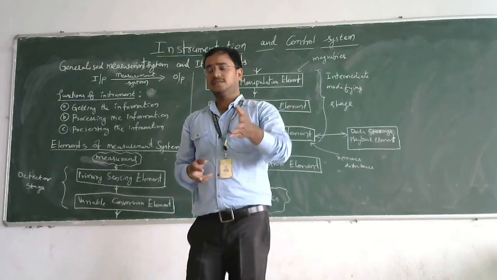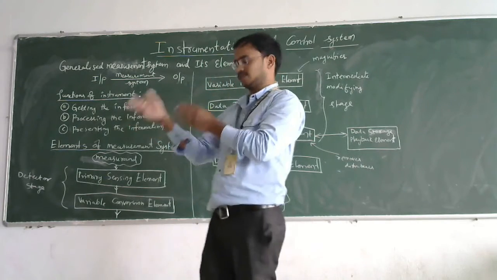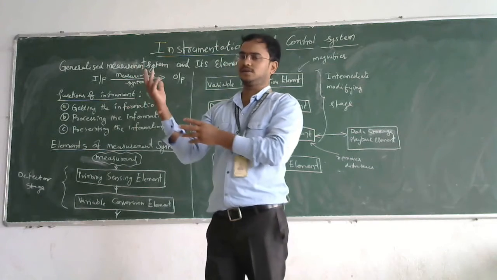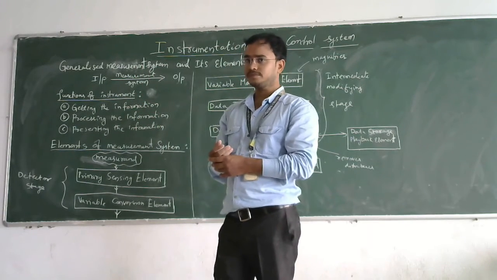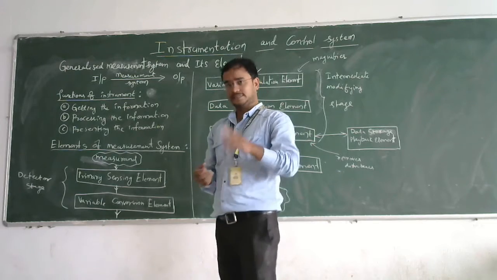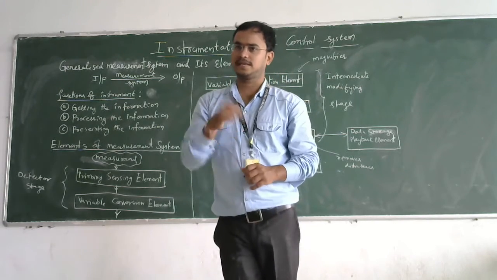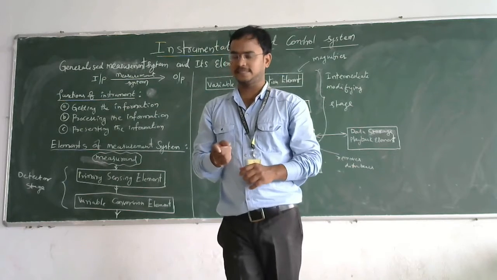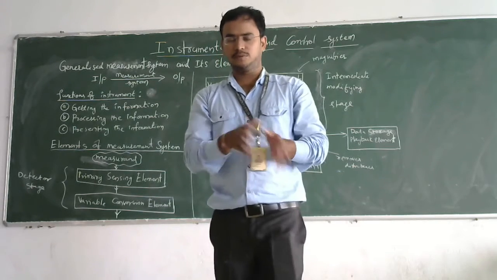In a direct type of system, we directly measure the physical quantities, say length, mass, force, or weight. And in an indirect type of system, the input signal is getting translated from one form to another. For example, a Bourdon tube pressure gauge.